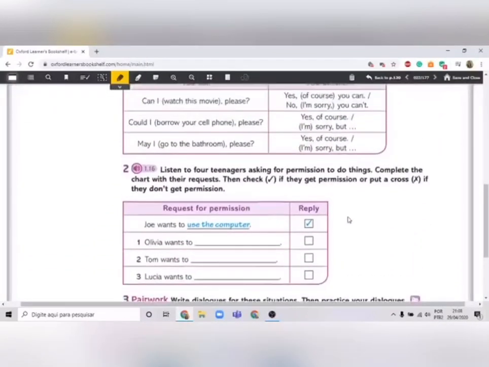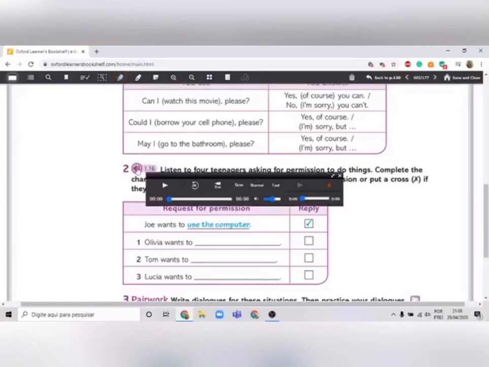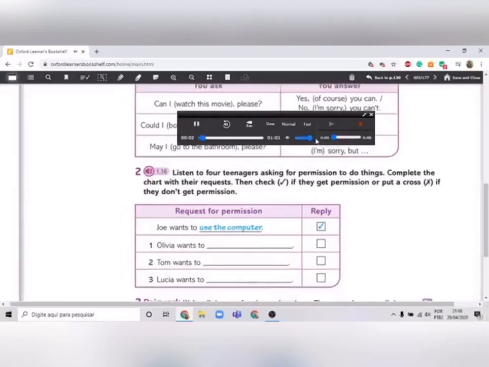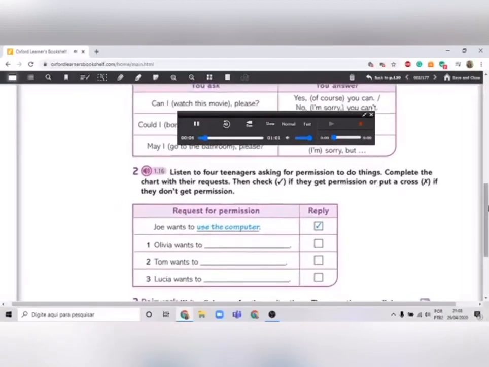So the second exercise, let's listen. Unit 2. Communication. Asking for permission. Page 22. Exercise 2. Example. Could I use your computer for a moment, Mrs. Thompson? I need to write an email. Yes, of course, Joe. My laptop's in the living room. 1, Can I go bowling tonight, Dad? What time do you want to go?